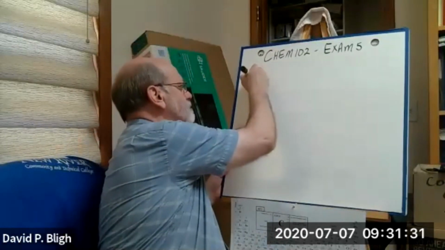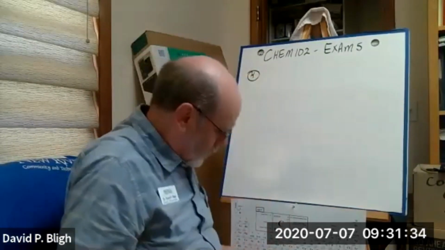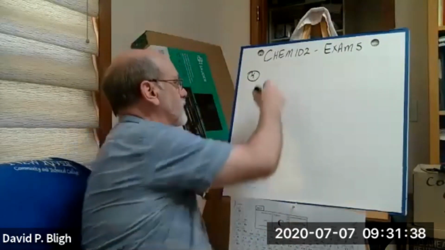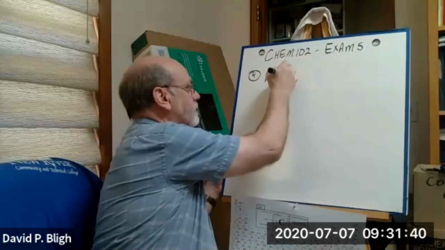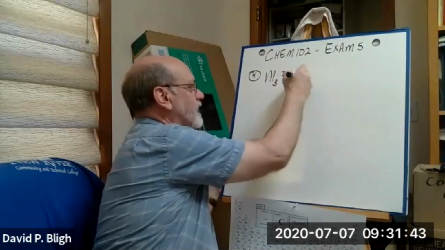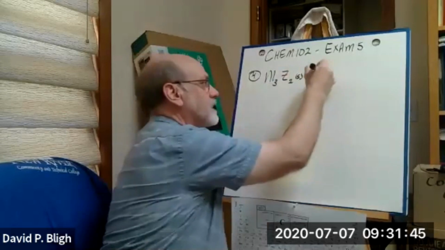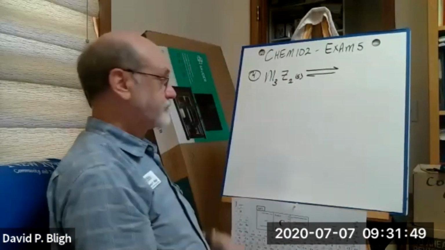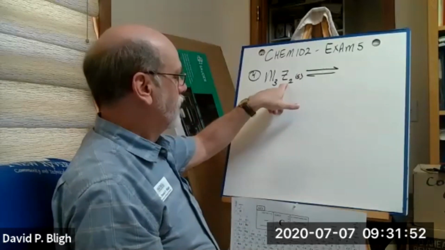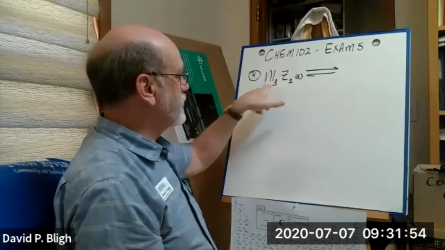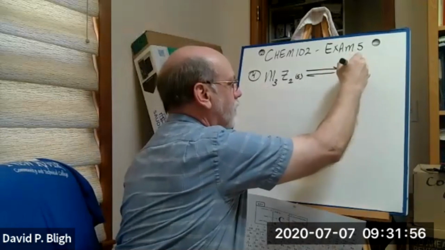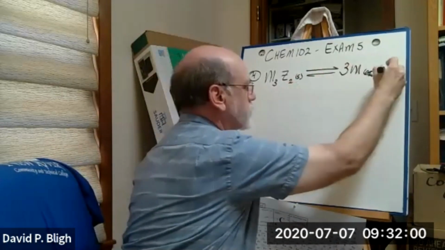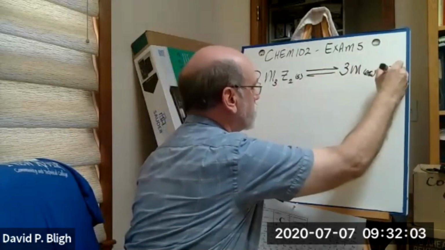All right, we're given this imaginary salt, M3Z2. It's a solid, and it dissociates how? Well, it's going to produce 3 of these, right? And 2 of those for every one of these dissociated.